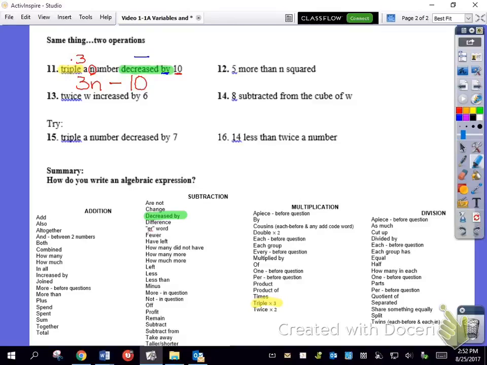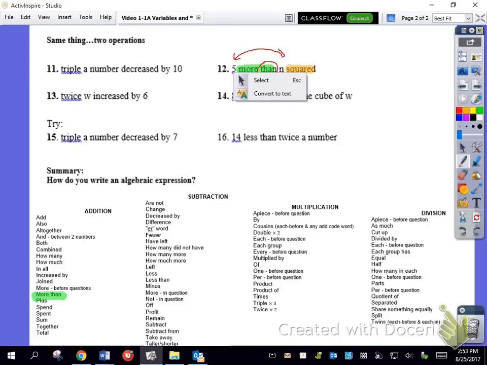Number 12. So I've got some new words. The new words: 5 more than n squared. Okay. More than is the addition. Now, there's more and there's more than. Remember on the more than, since it's a than, you've got to switch the order. Now what that means is 5 is not going to go first. 5 is going to go at the very, very back. Okay?